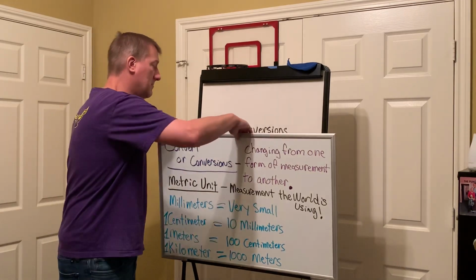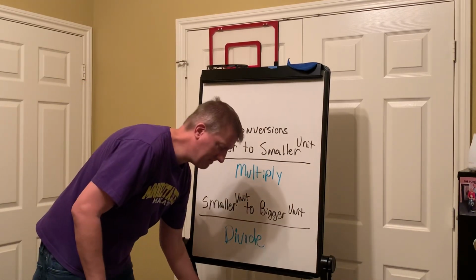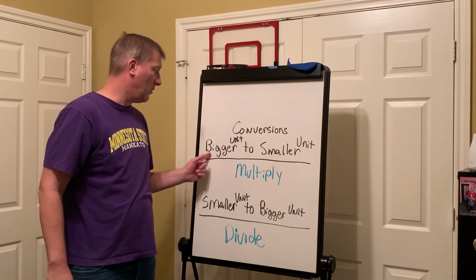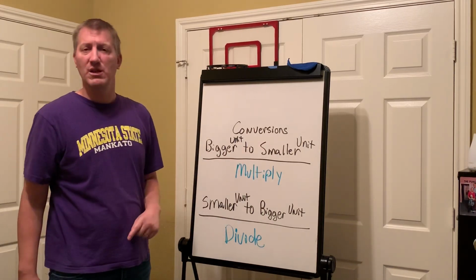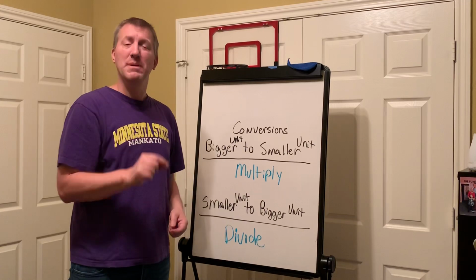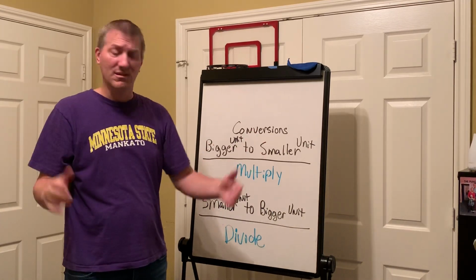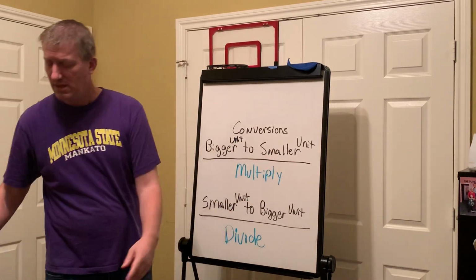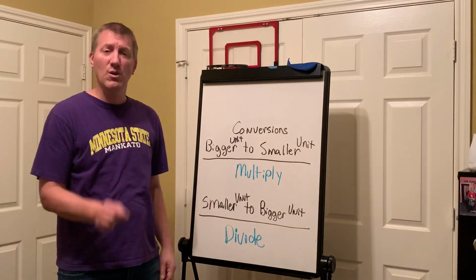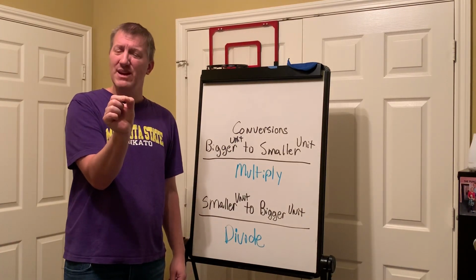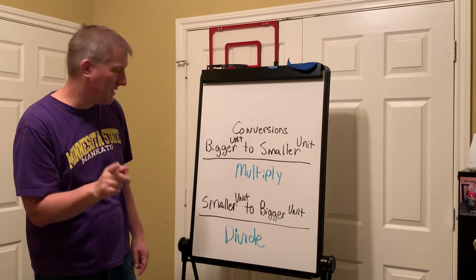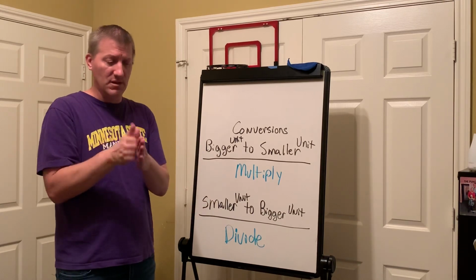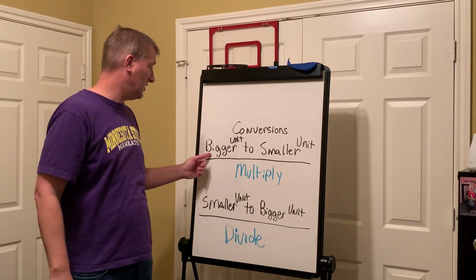Again, when we're making conversions, consider going from a bigger unit to a smaller unit. For example, a bigger unit would be meters. Remember, 39 inches is 1 meter. If you're going to a millimeter, that's the thickness of a dime, which is really small.